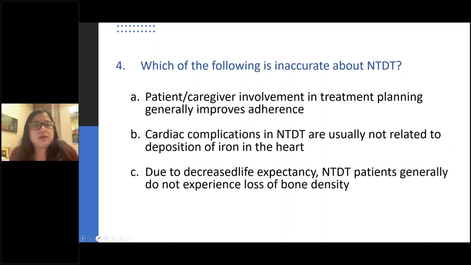Our fourth question, which of the following is inaccurate about NTDT?